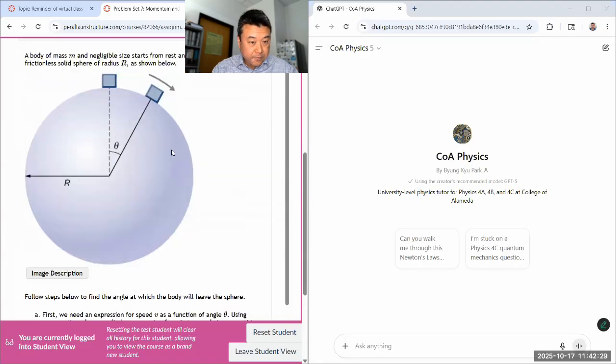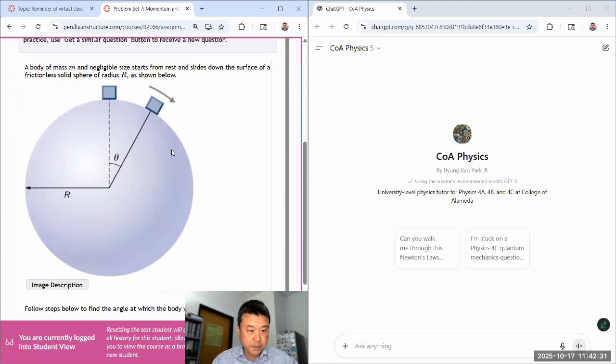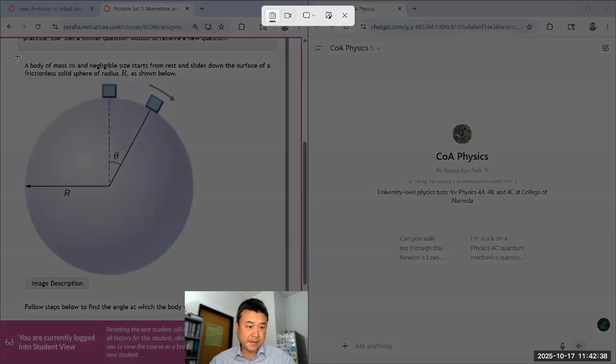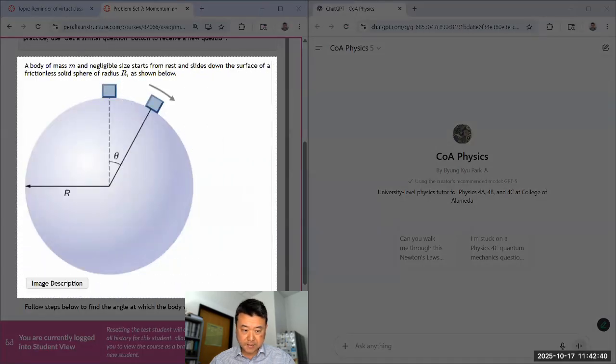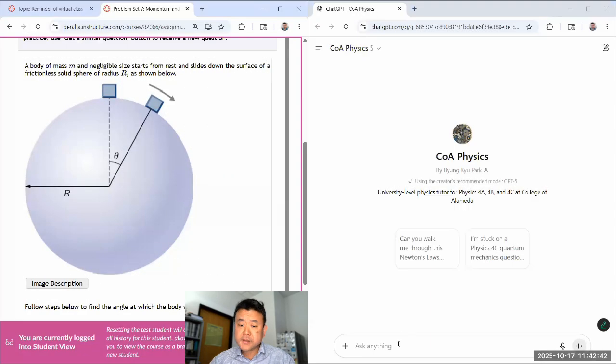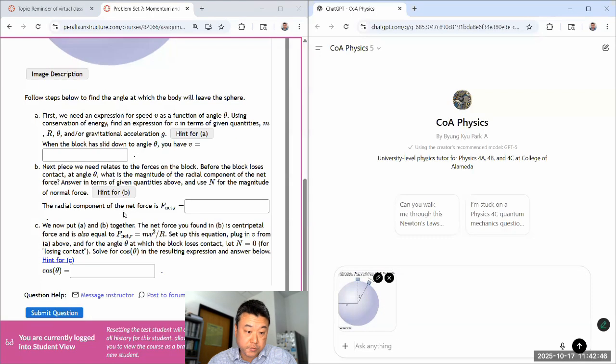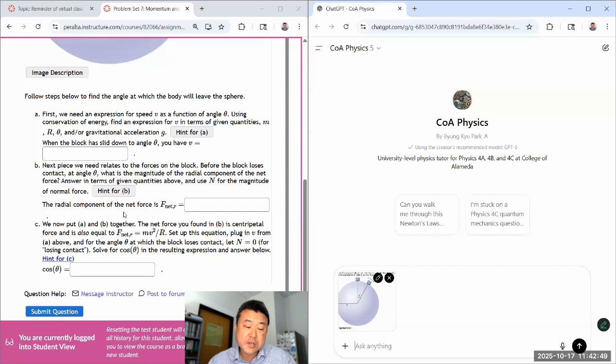So, let me start off with this question. This is a classic question. As a way of testing, I'm just gonna not give any intro. I'm just gonna paste in the question. And if the CoA physics GPT is doing what it's supposed to be doing, then it should ask me what I have tried.